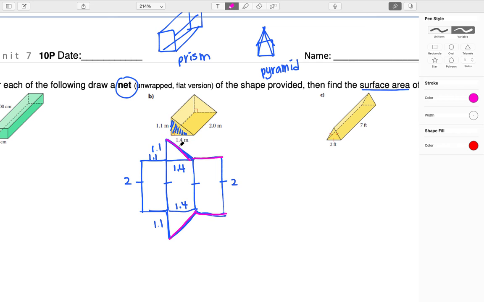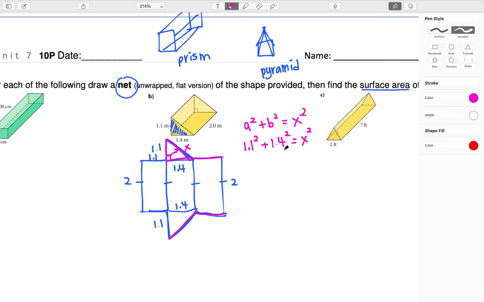So to look for x, well, it looks like it's a right angle triangle, right? So we're going to use the Pythagorean theorem. A squared plus b squared equals, in this case, x squared, the hypotenuse. A is 1.1 squared, and b is 1.4 squared, equals x squared.